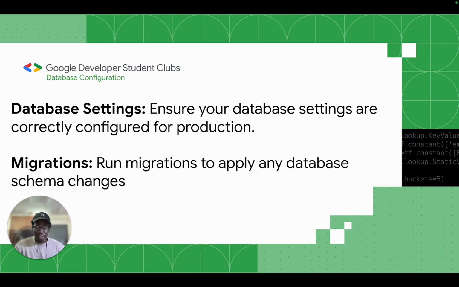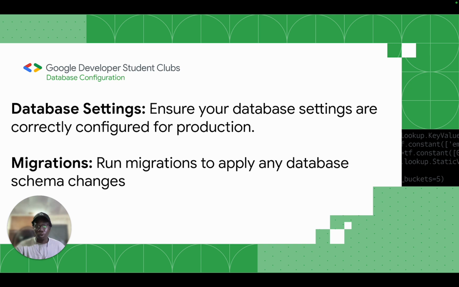So moving on, database settings. Ensure your database settings are correctly configured for production. As I mentioned, you'd have to first secure it. It can't just be any normal user credentials and password, because you'd have a password, a user, a host.